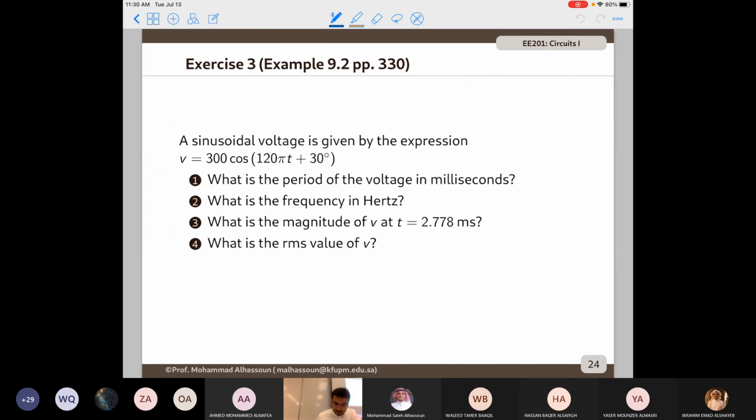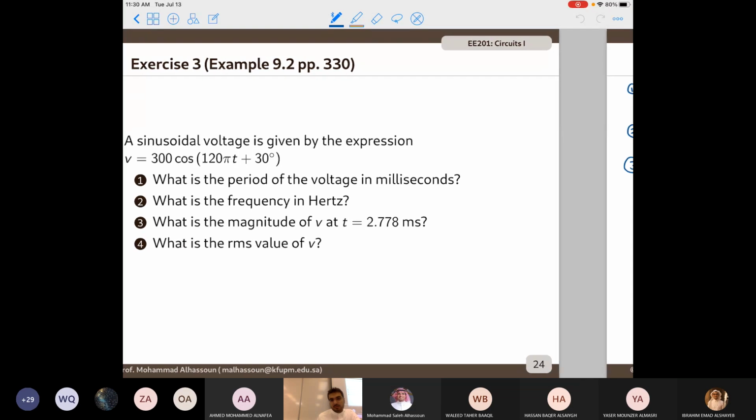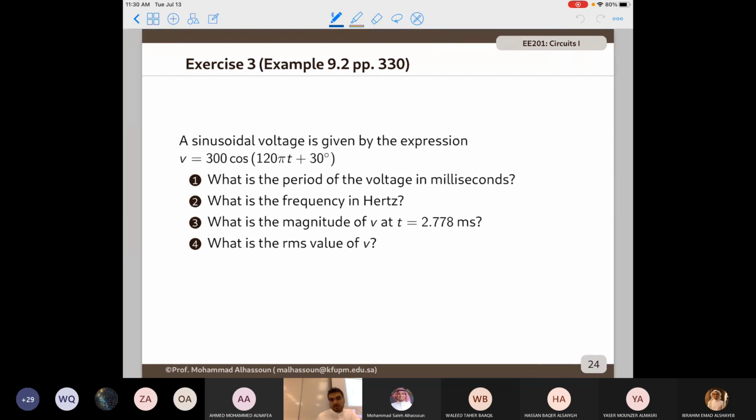Okay, what is the magnitude of V at t equals 2.778 milliseconds? Let's not focus on the exact value, but what do I need to find the magnitude? Ibrahim?